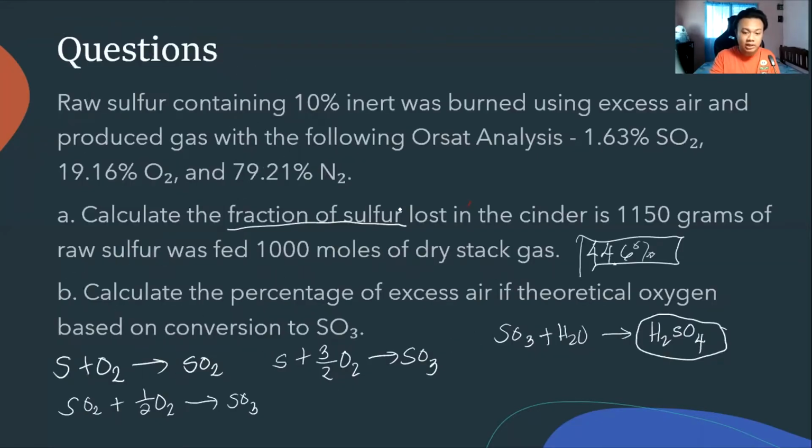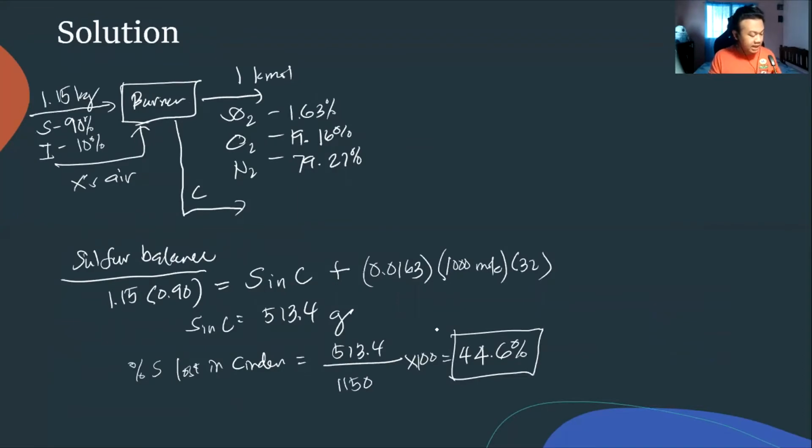So now we are asked to calculate the percent of excess air if theoretical oxygen is based on conversion to SO3. So we now have to use this balanced equation so that we can get the theoretical O2. So what we need to do here is to get the theoretical O2 first, using SO3.